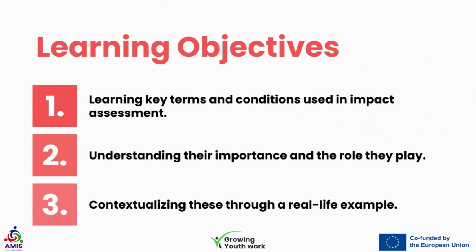You will learn the function and connection between these terms. And 3. Understanding the usage of the terms and concepts through real-life examples to provide context. You will be given an example of how these key terms and concepts can be applied.